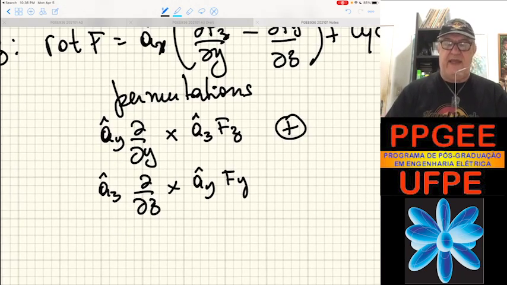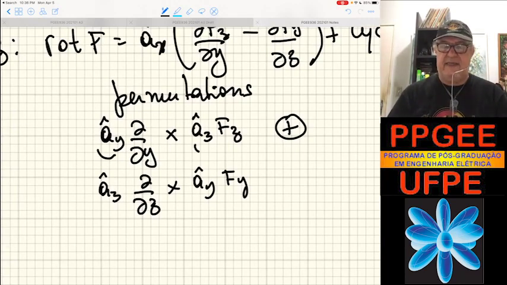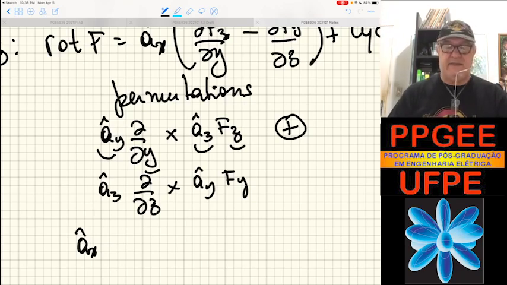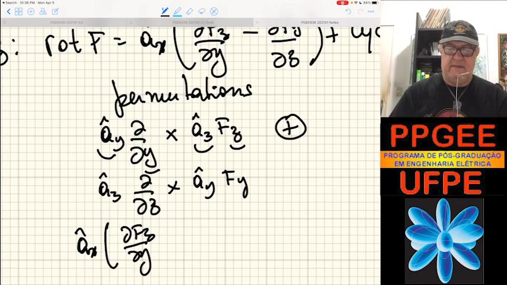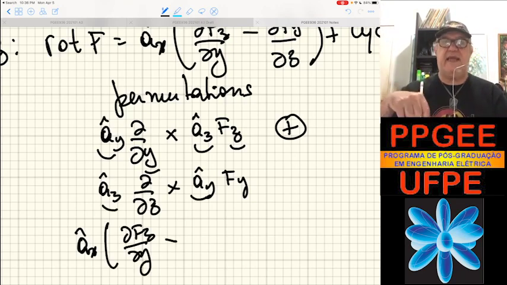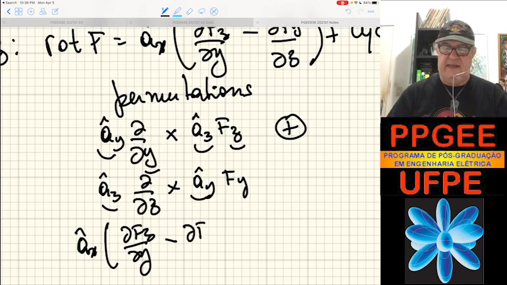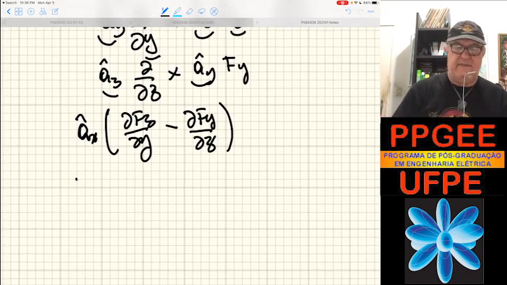So this combination of cross products: ay with az gives ax, y with z is plus, right? dfz dy minus, which is az with ay is minus ax, dfy dz. Right? And so on.